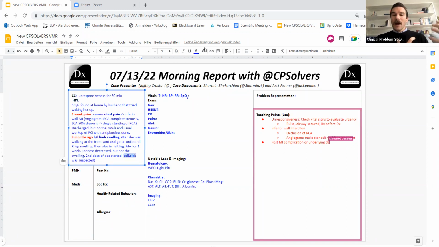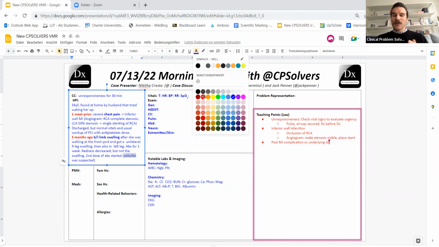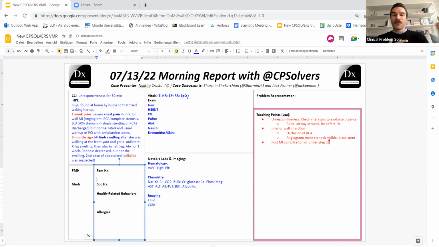The former, a post-MI complication, feels much more common to me than some sort of sinister brewing disease, because these complications can happen. And so briefly, how can we connect a recent heart attack and stenting to changes in someone's mentation or responsiveness? Well, one end of the spectrum that Charmaine took us through is that we could have cardiovascular compromise that's leading to inadequate perfusion of the brain in the post-MI phase.